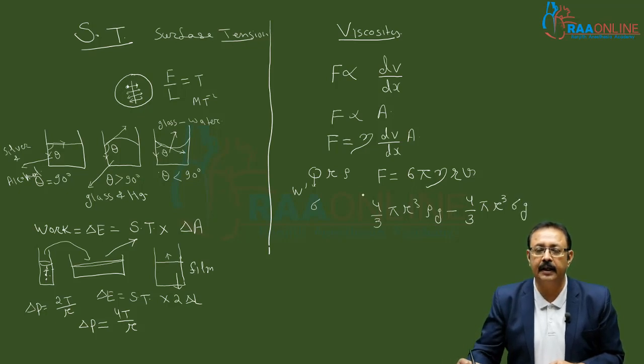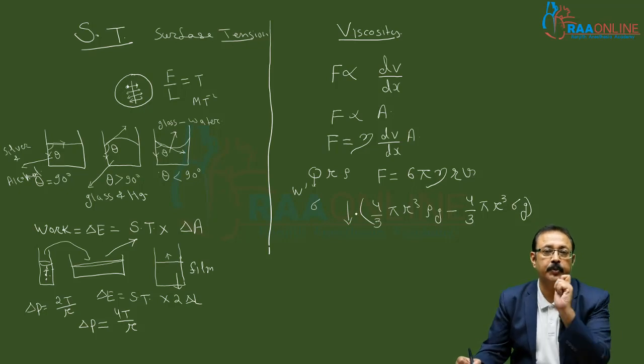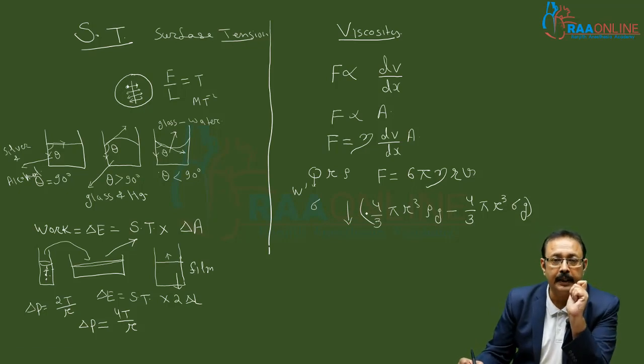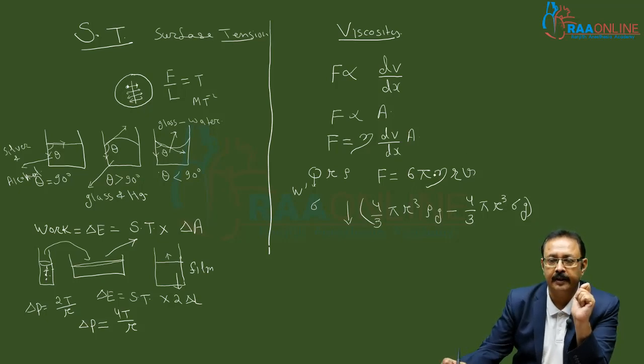So inside the liquid, the weight of this drop or metallic ball will become this. It is coming down due to this weight, and its velocity is continuously increasing. It means the opposing force is also increasing. If at some point both are equal, what will happen?